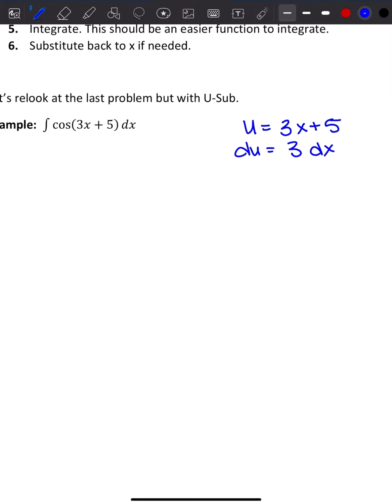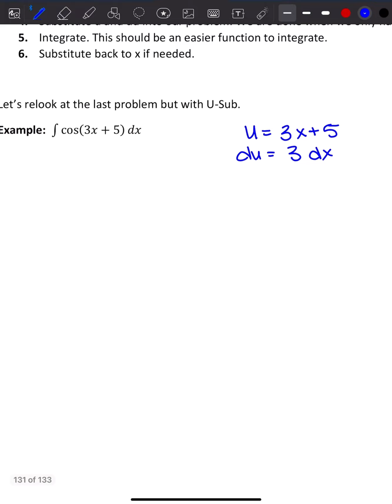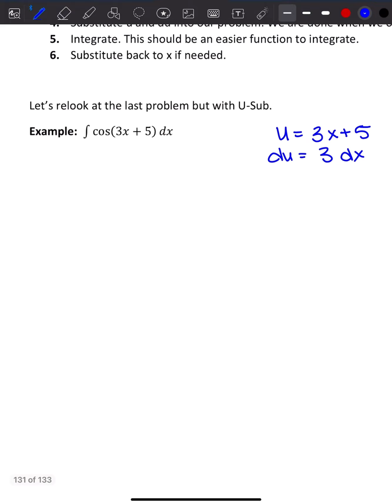So this is what we have. What I want to look at here is what we have versus what we need. If I were to write what we have right now, we have the integral of cosine of 3x plus 5, which is now u, and we have dx. Well, we don't have dx by itself here. We have du is equal to 3 times dx.